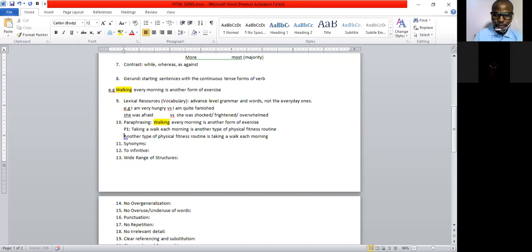We have paraphrasal 2. Now you find out that if we wrote it like P1, it might be quite easy to tell that this is what that has been paraphrased into this. But it becomes a lot more difficult if it is P2.